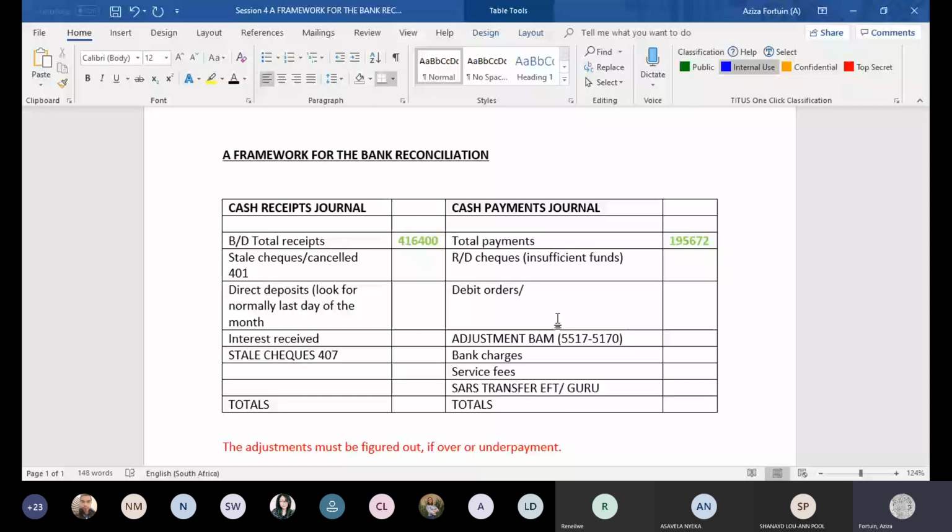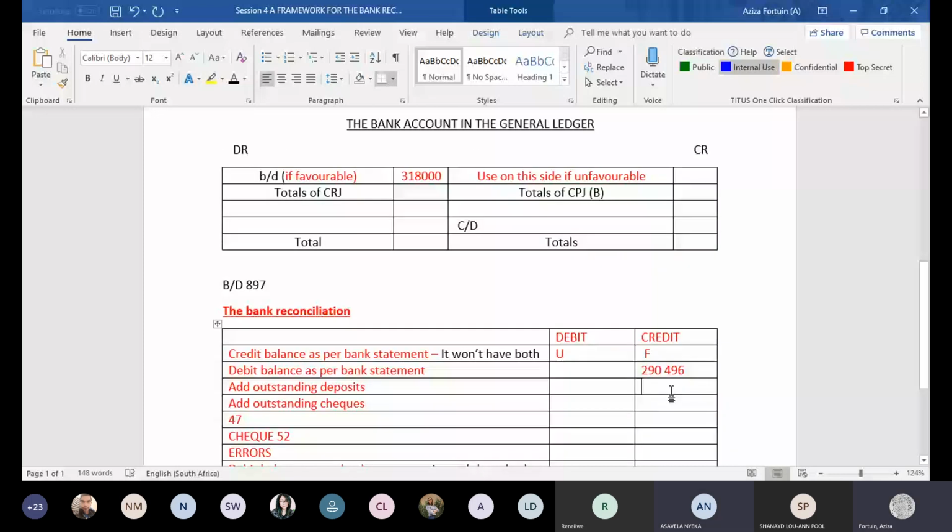What do I do with that? We put it on the bank reconciliation because it doesn't appear on the bank statement. We put it on the credit side as an outstanding deposit. Debit or credit side? Credit side. Thank you.